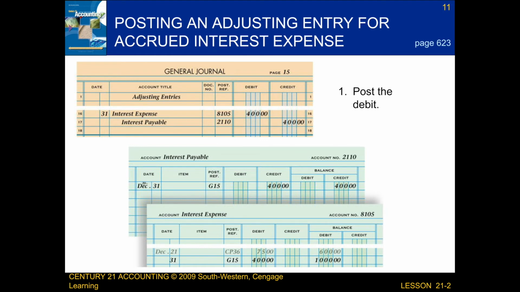First, we post the first amount as a debit to the interest expense account. And then we post the second amount as a credit to the interest payable account.